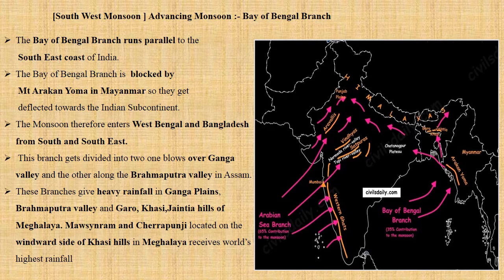So, Mawsynram will receive heavy rainfall from the Bay of Bengal branch compared to Shillong. By the time the branch reaches Shillong, they lose moisture. So this was all about the movement of the Bay of Bengal branch. Now let's proceed ahead to the next concept.